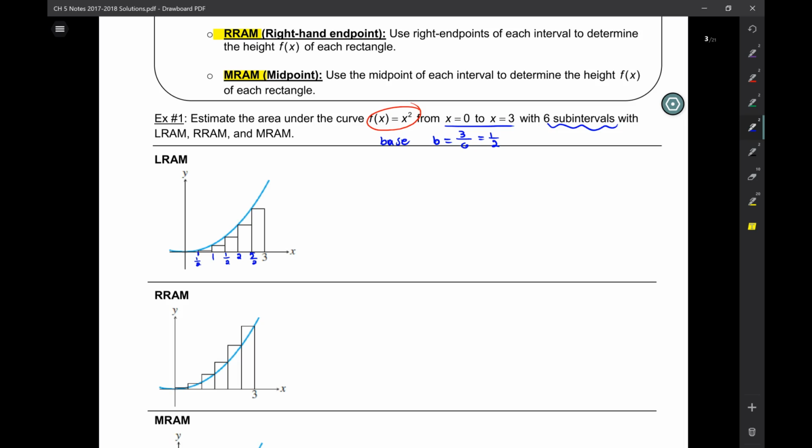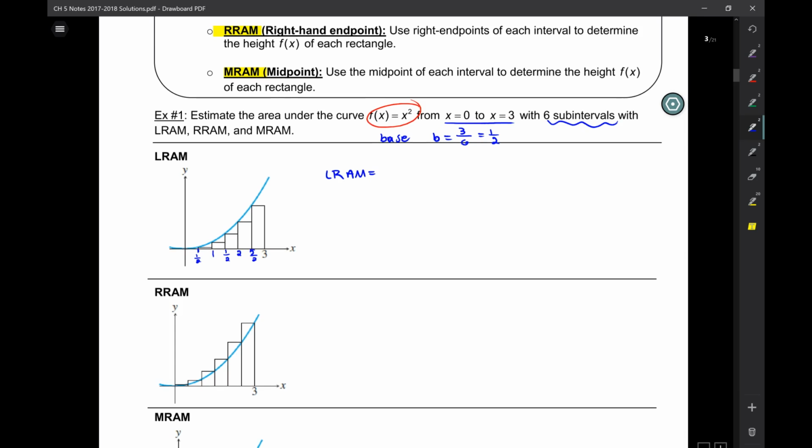All right. Now, let's do LRAM. So we're going to take the left end point as the height for each rectangle. How many rectangles? 1, 2, 3, 4, 5, 6, that tiny little one underneath. All right, so let's do this one. LRAM is going to be, okay, we're going to do the first rectangle.